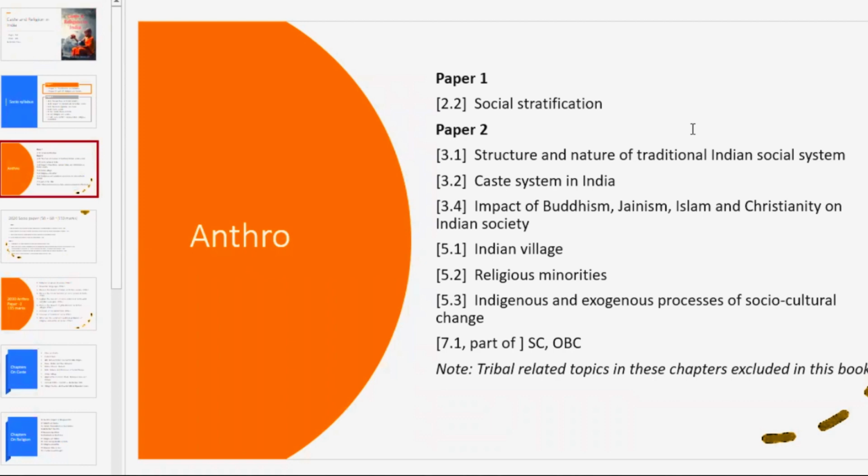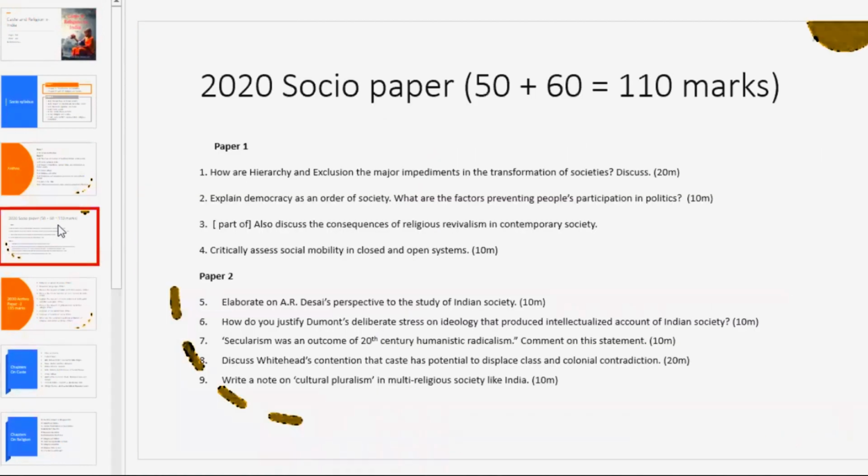And I am curious how many questions that came in 2020 can be answered from this book. I am more than pleased. In sociology, in 2020, 110 marks can be answered from this book.